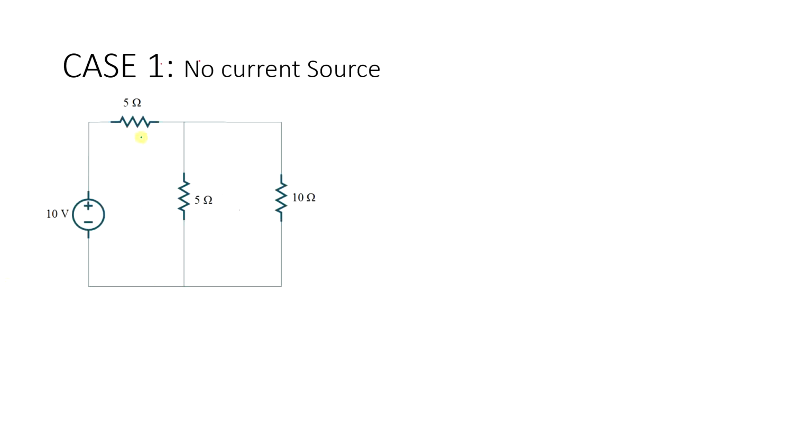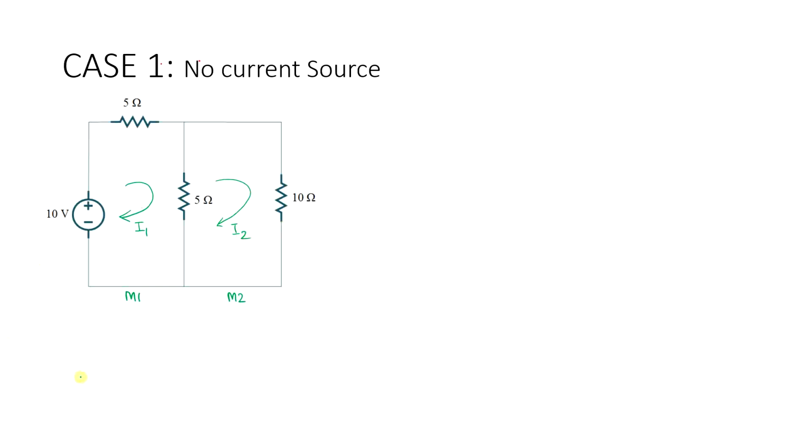So when you observe here in this particular circuit, you have two meshes. This is mesh 1, this is mesh 2. You need to draw the mesh currents in the clockwise direction and name them. So I will call this current I1 and I will call this current I2.